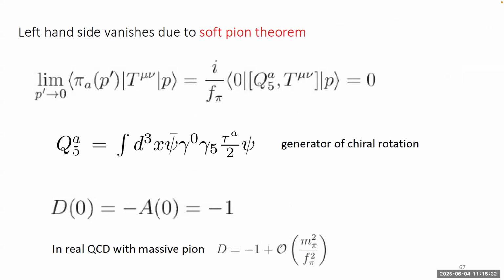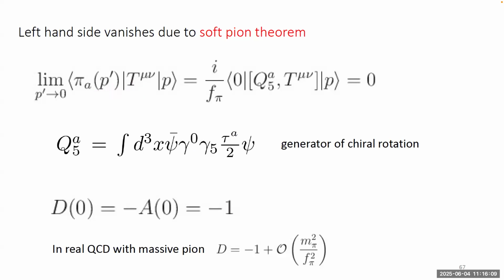The theorem is that if you have a matrix element with pion external states, and you take the limit that this pion momentum goes to 0, then it is proportional to the commutator between whatever operator you have here and the generator of the chiral rotation, which is given by this operator. Okay, so this is a generator of SU(2), SU(3) chiral rotation.